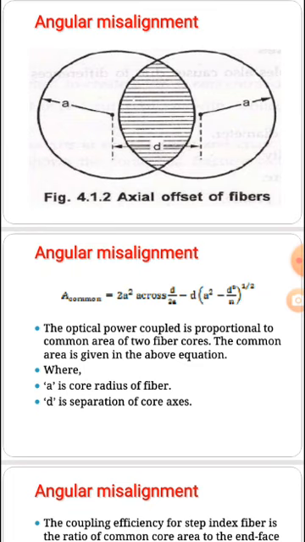A common depends upon D also, and this can be done with proper care, proper alignment, and we have to avoid misalignment. Then definitely the maximum amount of power from one fiber to another fiber will be coupled.